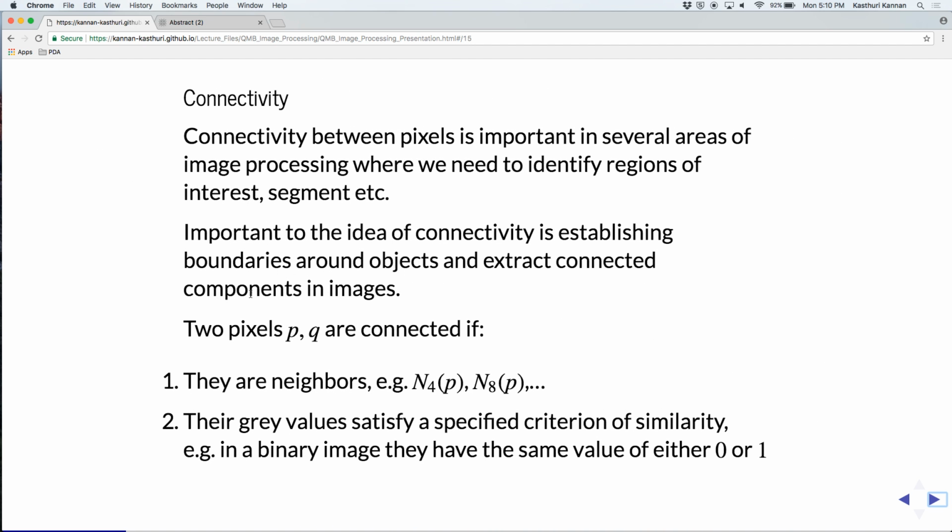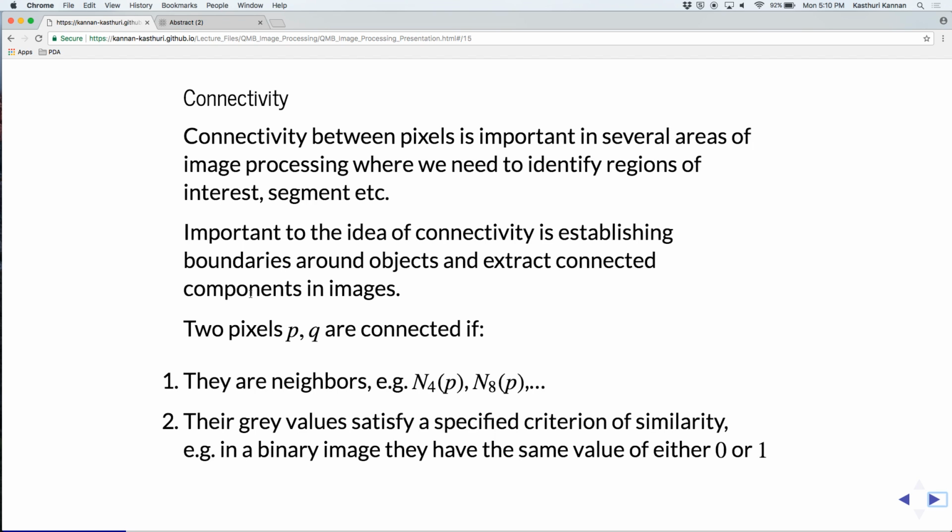So connectivity between the pixels is important in image processing because you have to establish so many things based on it. For instance, the boundaries, right? You have to connect the foreground and the background. You have to detect an edge, or we have to segment something. So we need to define what it means to have a connection between the pixels, right?